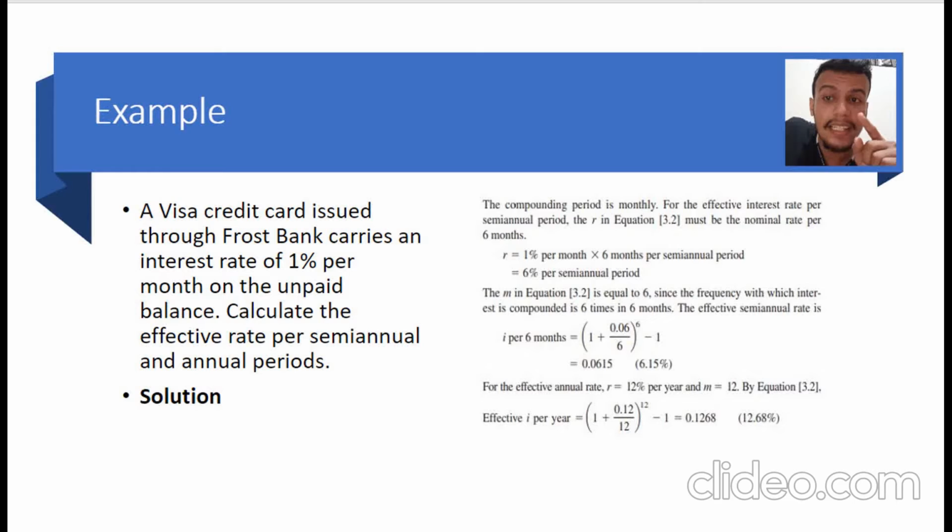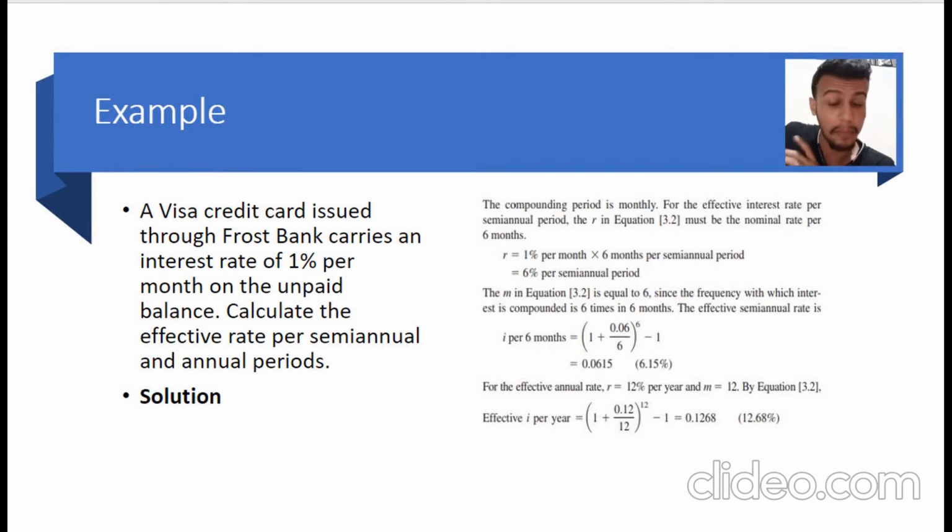And from here we can say i per 6 months equals (1 plus 6% divided by 6) to the power 6, minus 1. If you use the calculator, it will be equal to 6.15%. And for the effective annual rate, R will be 12% and m will also be 12.